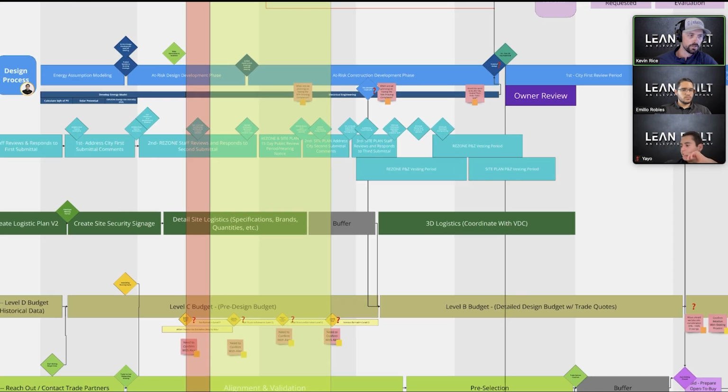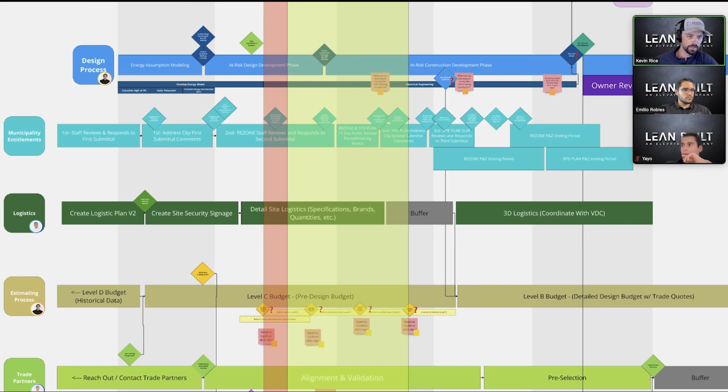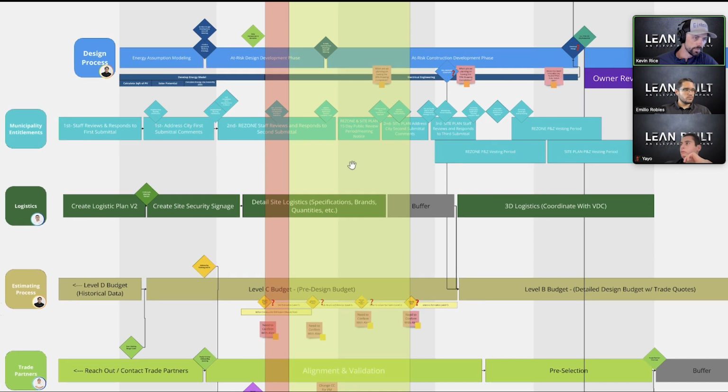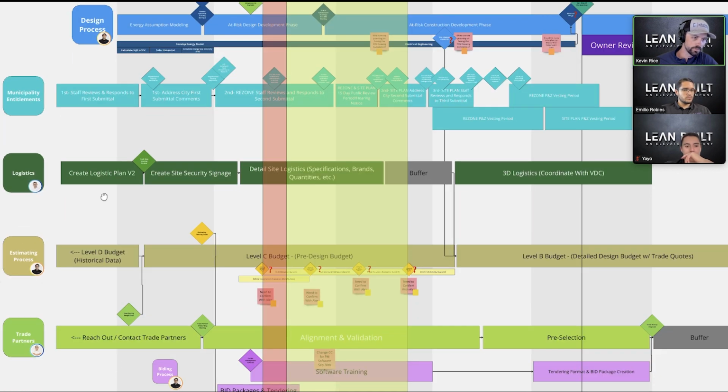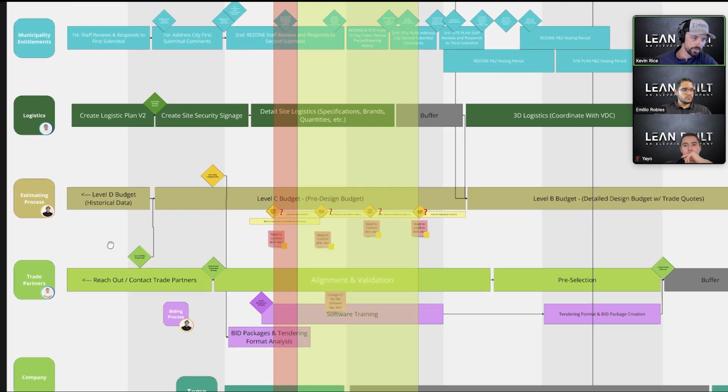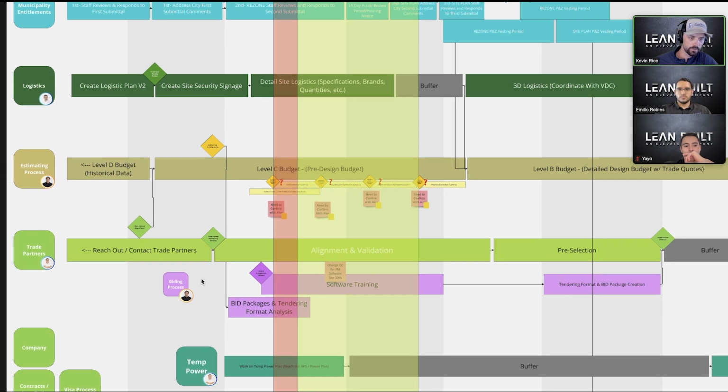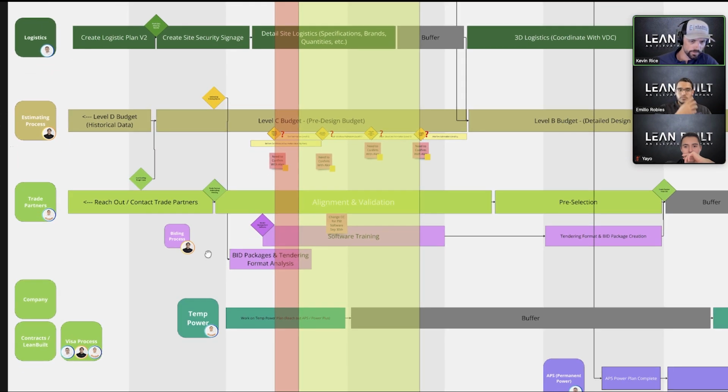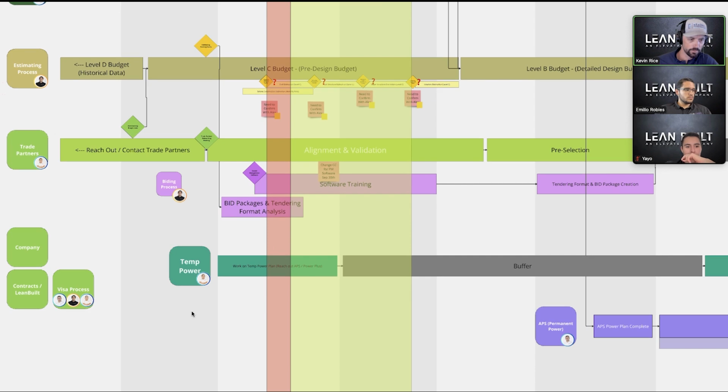So if I go back here, you can see we have the municipality entitlements. We have some logistics planning that we're doing, estimating, getting our trade partners on board and finding the right trade partners to partner with. We've got our internal processes that we have going on. And we've got several more things.